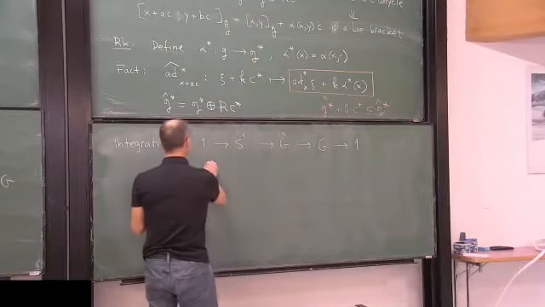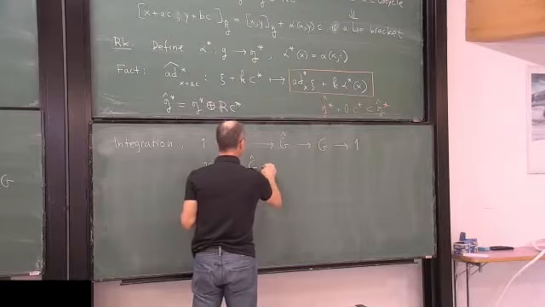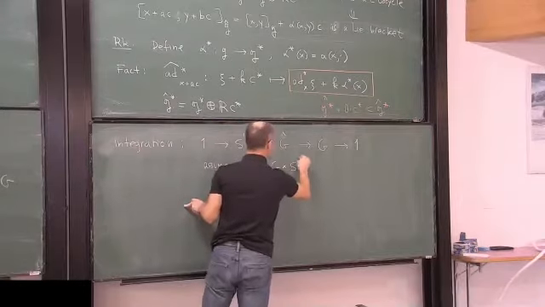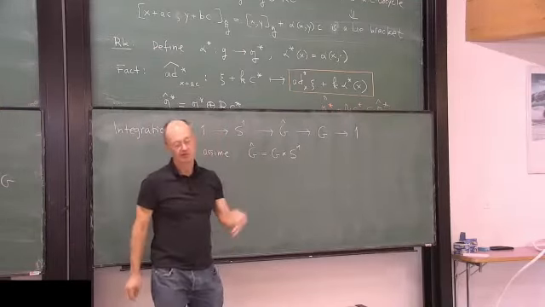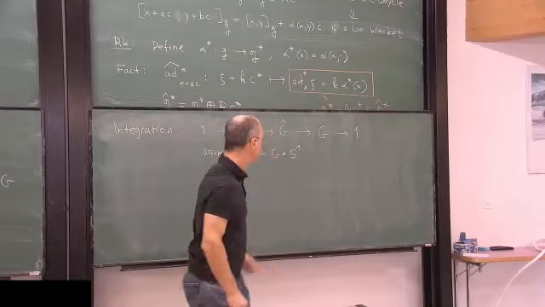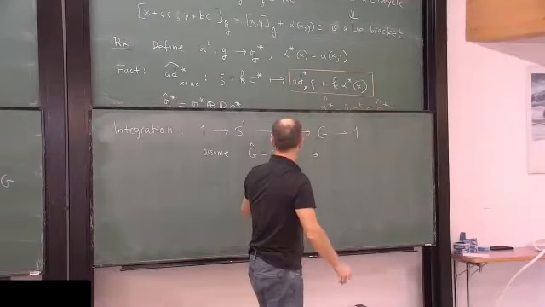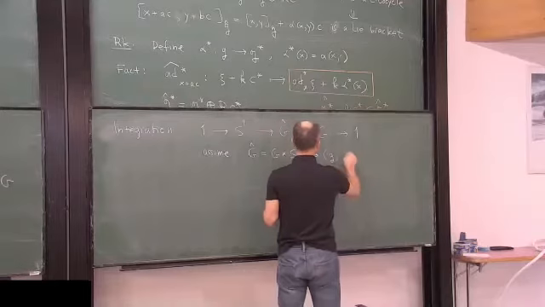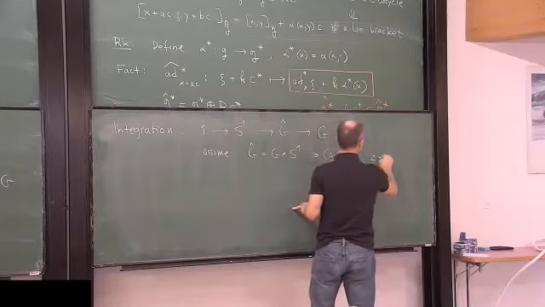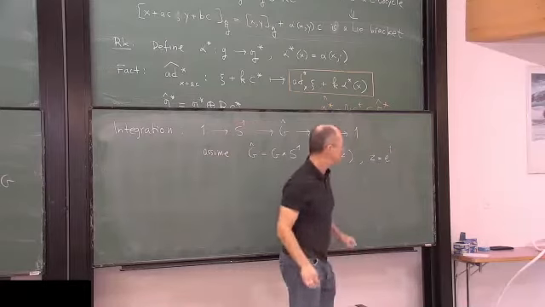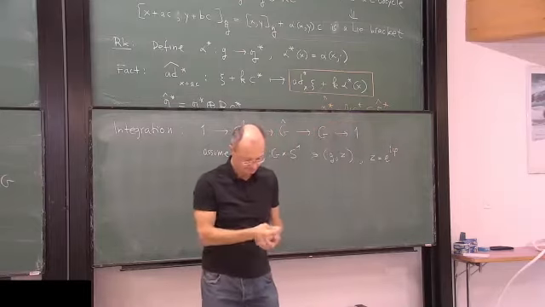Now let me assume that topologically G hat is G cross S1. That's not always the case, but for our purposes today, that's good enough. This means that elements of G hat we can write as pairs, an element of G and an element of the circle, where Z is, as usual, a phase.